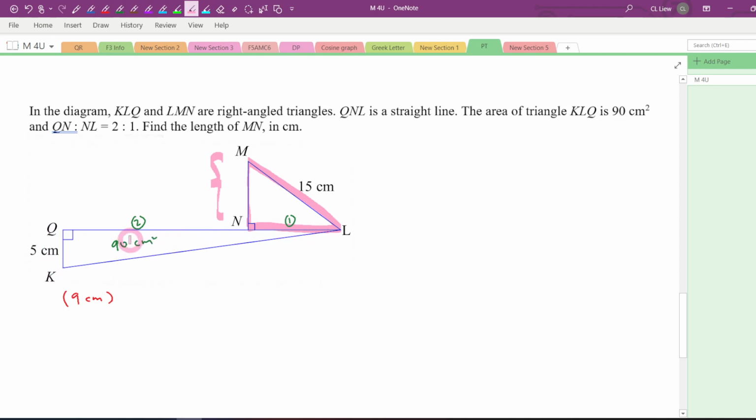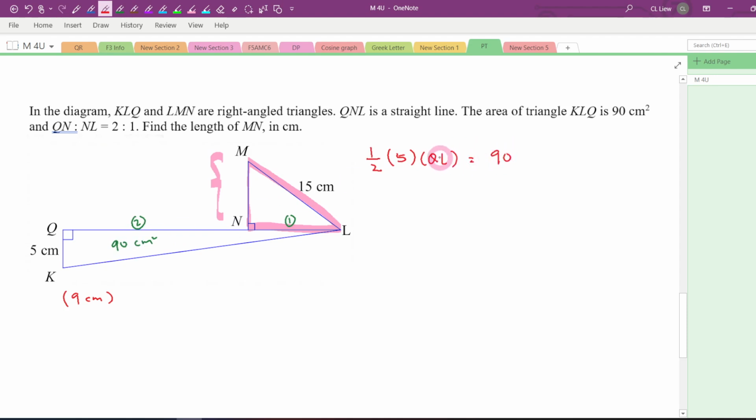So try to think, how do we get the area of this triangle KLQ? 1/2 times 5 times QL. Right? This is the way that we use to find the area of the triangle. And given by the question, the area of the triangle is 90.